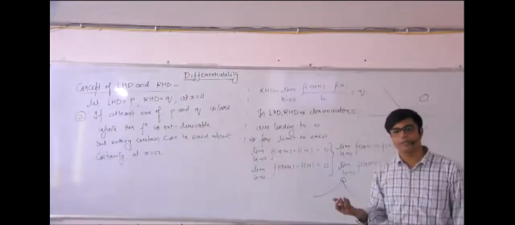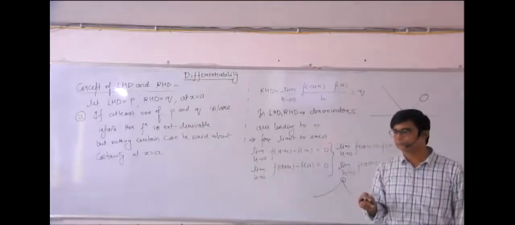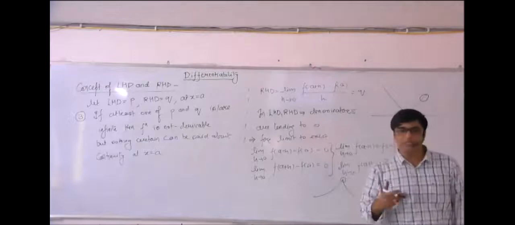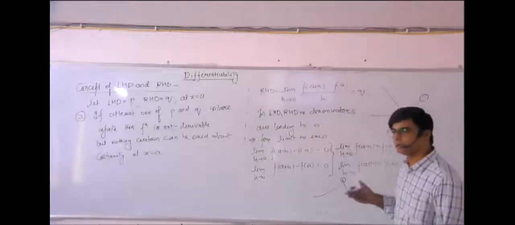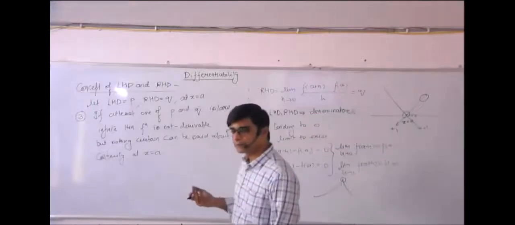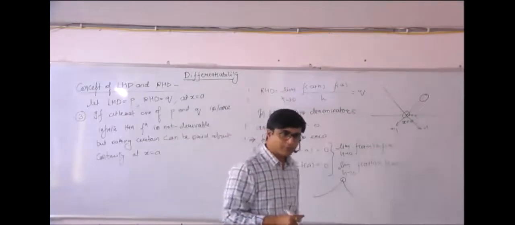It may come out to be continuous, it may not be continuous. We'll have to check. So this concept of LHD and RHD, the second point is important. When left hand derivative and right hand derivative both are finite, then we can directly say it will be a continuous one. Yes or no?